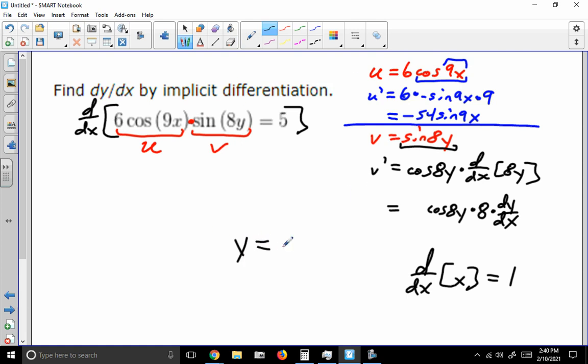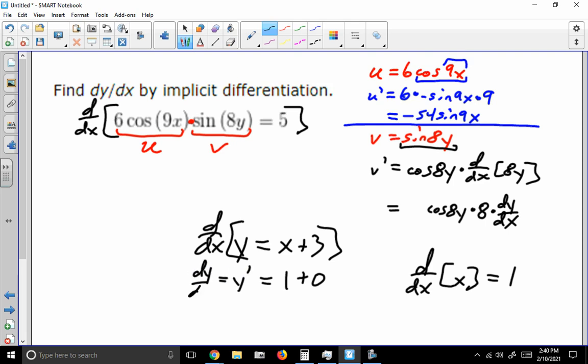Just like if we had this equation, if we took the derivative of this equation, the derivative of x is 1, the derivative of a constant is 0, but the left side we don't say, well, the derivative of y is 1. We call that either y prime or dy dx, the change in y over the change in x. So that's what we have to do here.